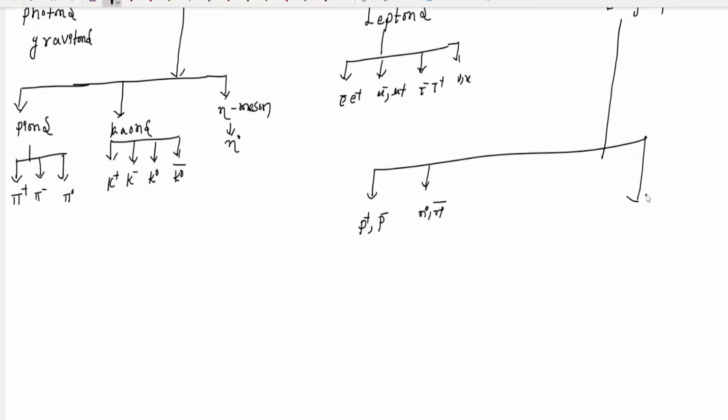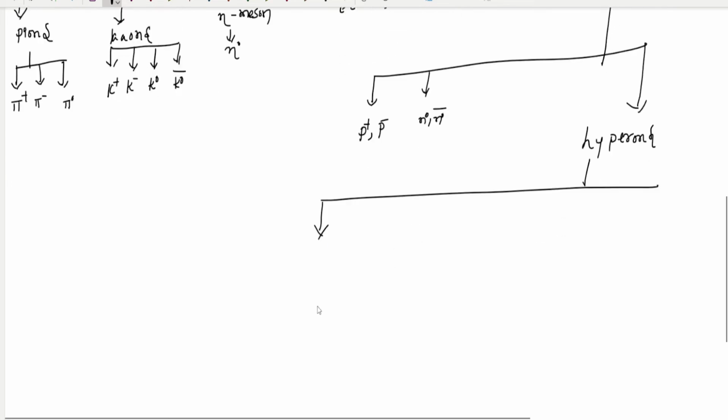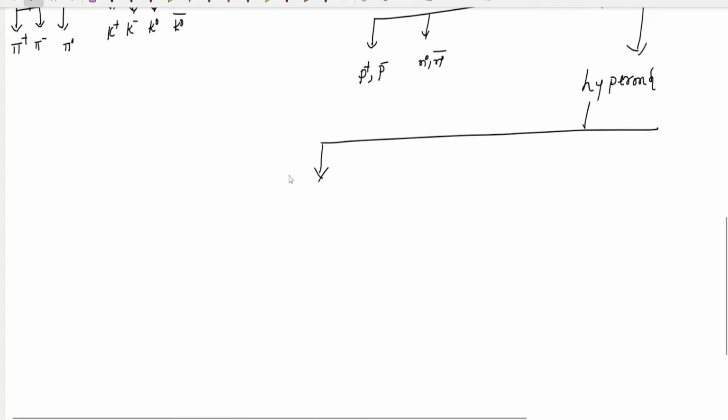And the final classification is hyperons, the hypercharged particles. These are classified into four categories. This is the main classification in elementary particle physics.